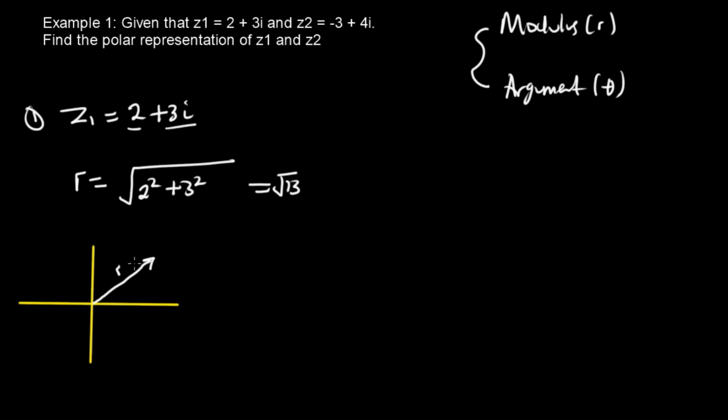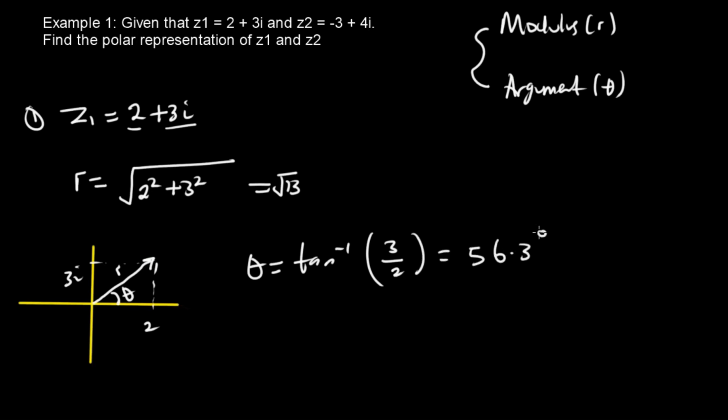So we have, this is the r, this is 2, I have 3i. So we're going to have our theta to be this angle, and this is tan inverse of 3 over 2, and this is 56.3 degrees.